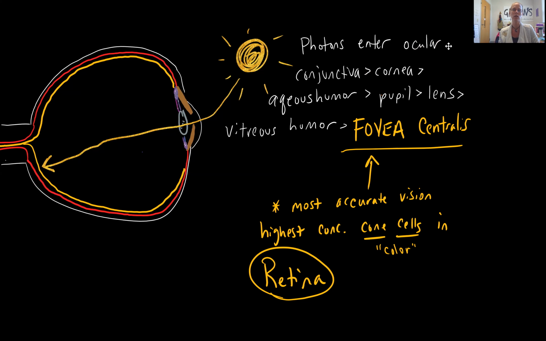The cone cells are the cells that allow you to detect color, and color vision is giving you the most accurate vision. So if you're looking directly at something and your lens is working correctly and your ciliary muscles are working correctly and all that, then you're going to get that wavelength of light focused directly back onto that fovea centralis, which again is part of the retina.